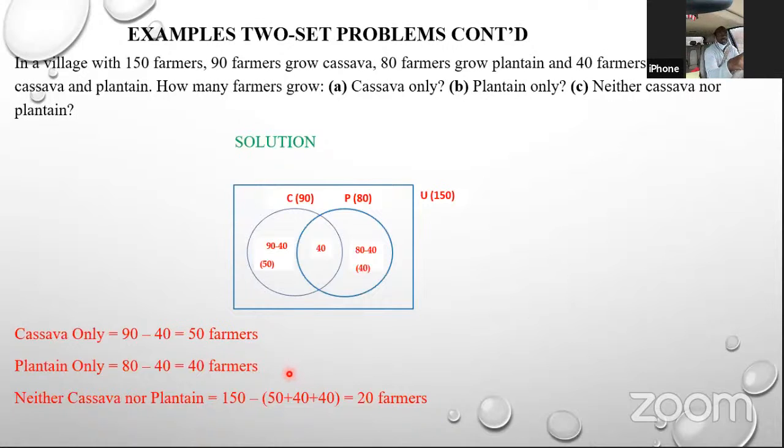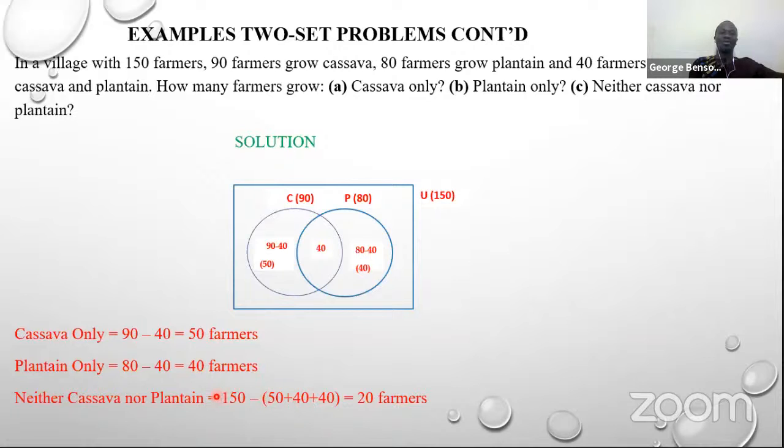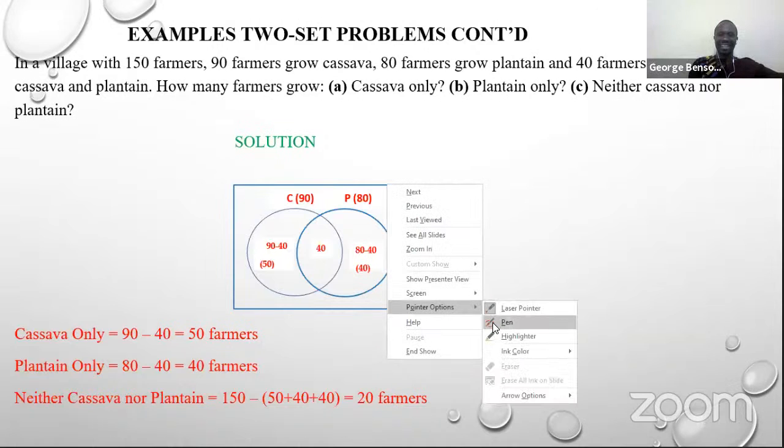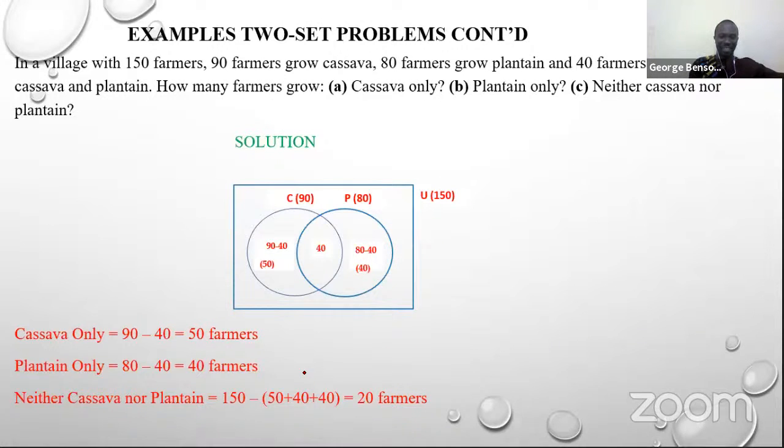So this is 130. Then 150 minus 130 will give us 20. So that's how come you are seeing that. So this sum is giving us 130. So in the end, we are doing 150 minus 130, and we're going to get 20 farmers.